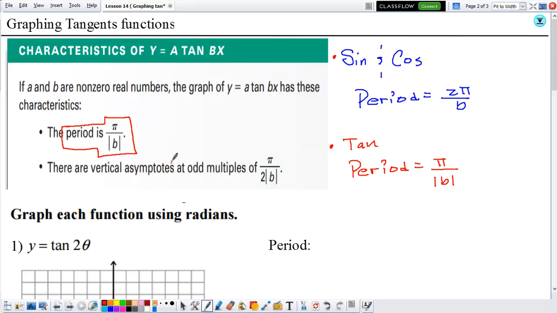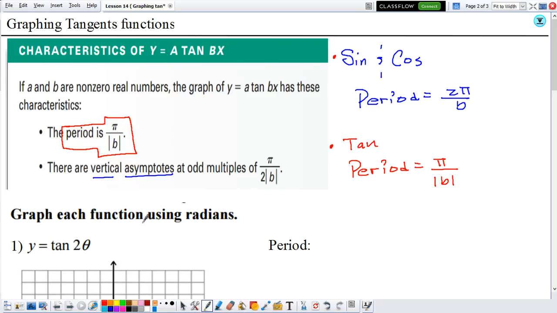So you've got to be careful now. What is it that we're graphing? If we're graphing sine or cosine, then the period is 2 pi over b. If we're graphing tangent, then the period is pi over the absolute value of b. So now here's how we're going to find vertical asymptotes for tangent functions.